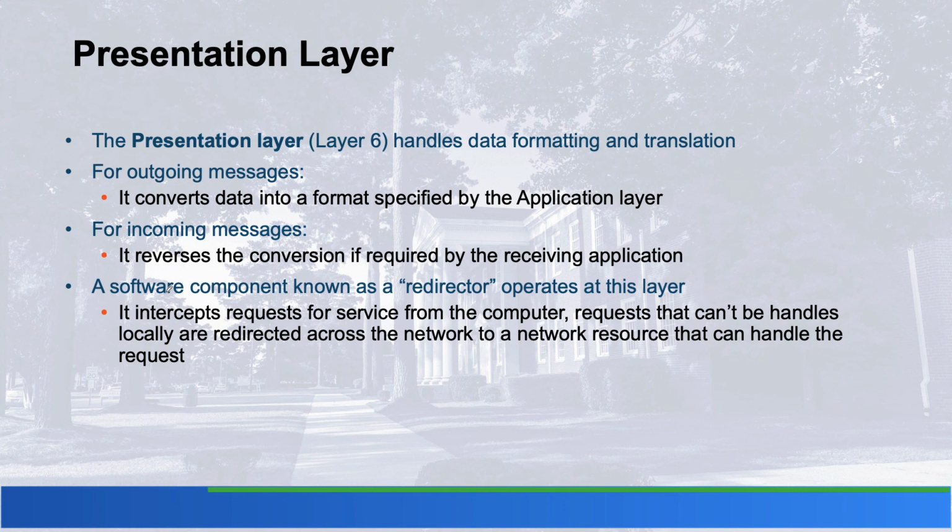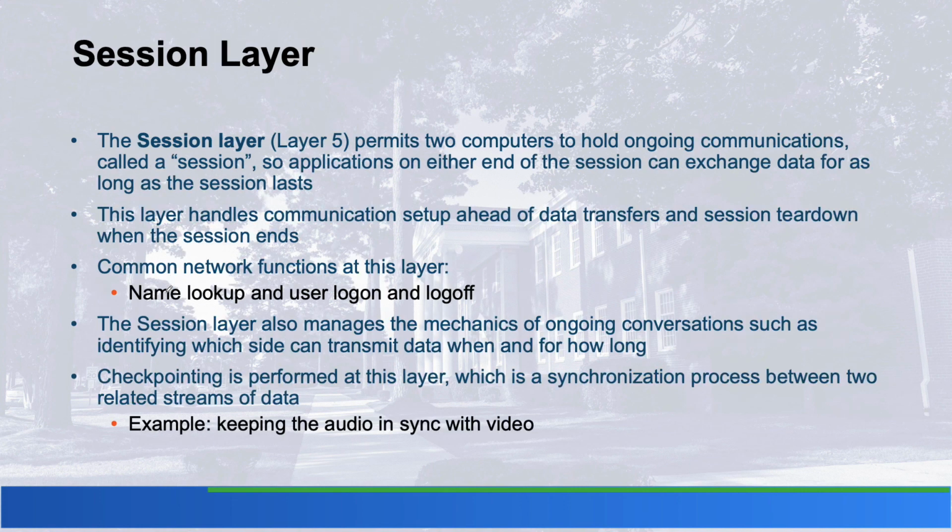Okay. We also do encryption at layer 6. So we're going to format it into a format that Microsoft Word can open, or your browser can open, but we're also going to perform encryption. We're going to scramble it so nobody can eavesdrop on our conversation. So the presentation layer is important.